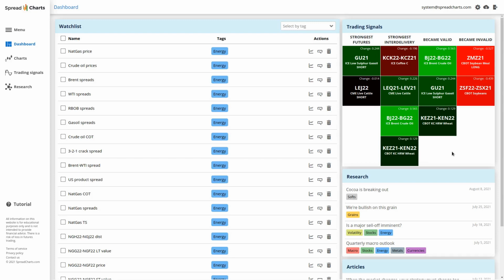And there's always the ticker on each tile together with the name of the commodity. And in case of the outright futures, there is also direction of the signal, either long or short.